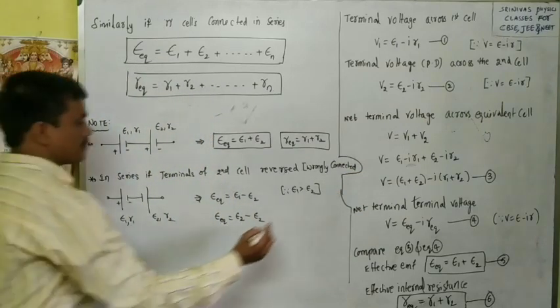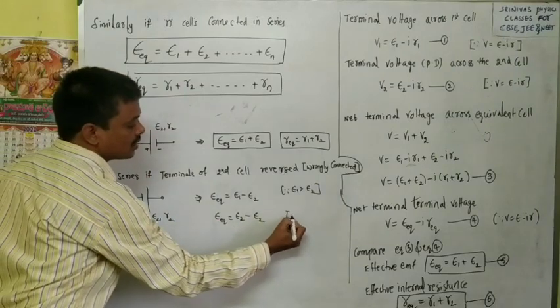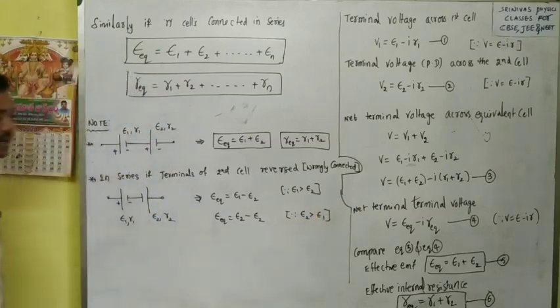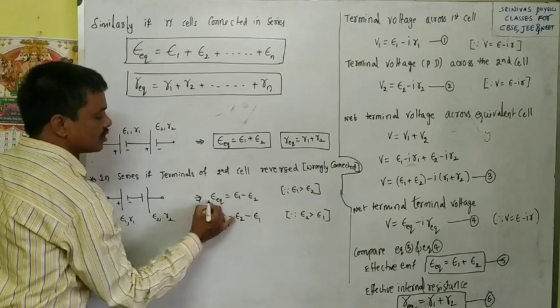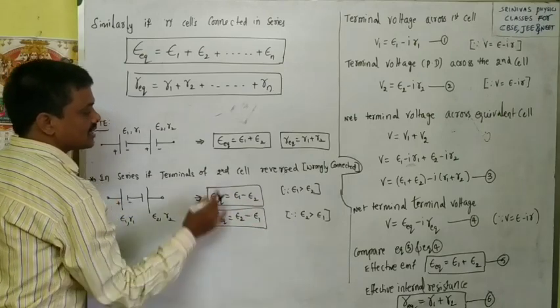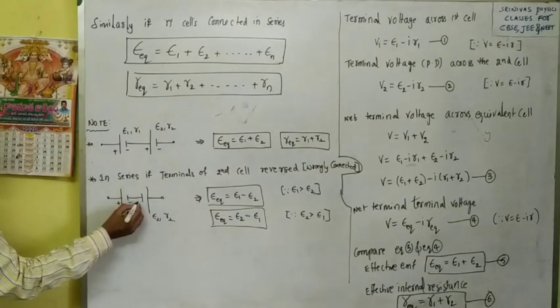Then what is the effective EMF? Here we have to subtract. If E2 is greater than E1, we take E2 minus E1, and if E1 is greater than E2, then we write E1 minus E2. We have to subtract, not add. In an exact series combination we have to add, but if there is a wrong connection, then we have to subtract.